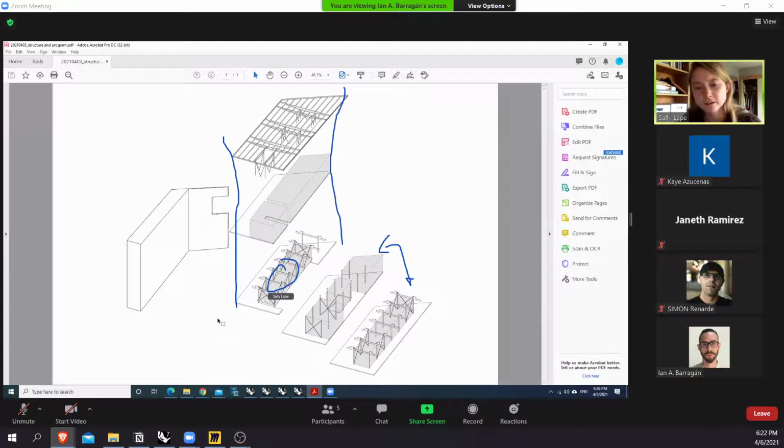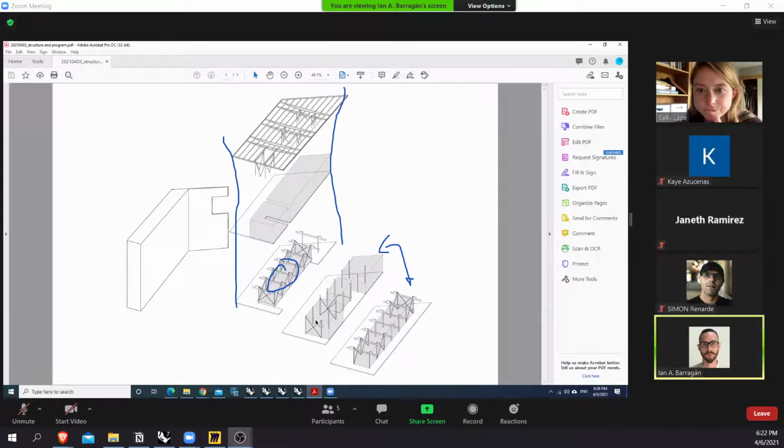Yeah, they're basically ground floor, second floor, third floor, fourth floor. I guess I can play with this more, because in this one I was more interested in showing the boxes, because that's supposed to be the program.